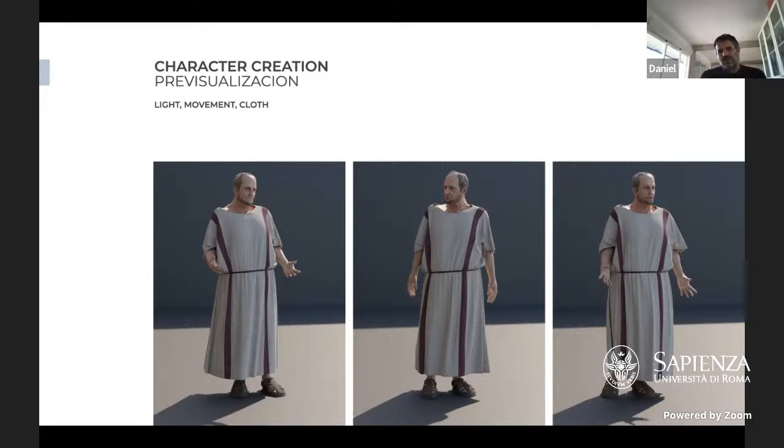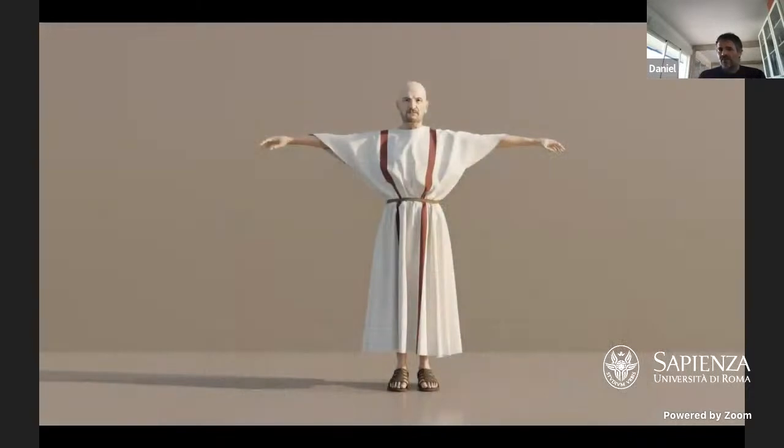You need to spend so much time trying to figure out the best possible light for the scene, or how the physics of the dress is going to interact with the character. And this requires a lot of shoots, a lot of renders.